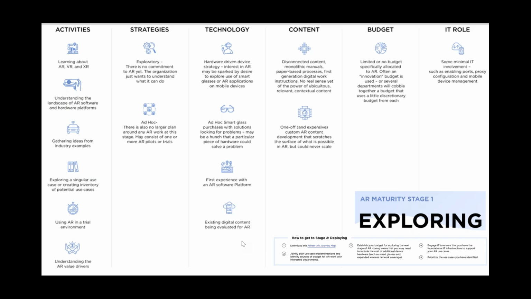You should start thinking about having a dedicated budget for this, and not just something that you depend on as discretionary, because it's entirely likely that once you start on this process, you're going to see that you will need to add more activities, add more people to make this successful. So thinking about a dedicated budget, rather than just an initial discretionary one, would be very valuable to make further progress in the stages.